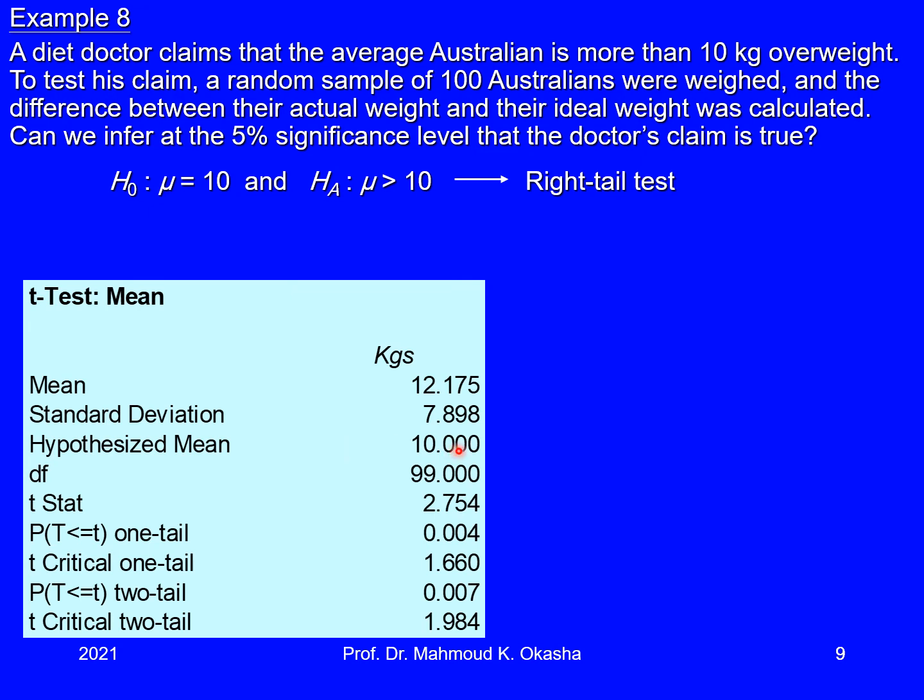The 10 is the hypothesized mean, the degrees of freedom of the t-test is 99, and the t-statistic is 2.754. The p-value for one tail is 0.004, and the t critical value for one tail is 1.660.